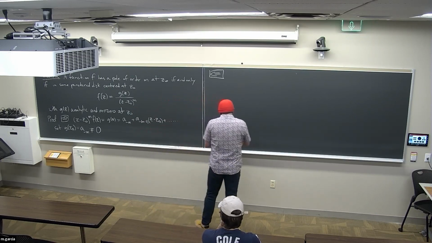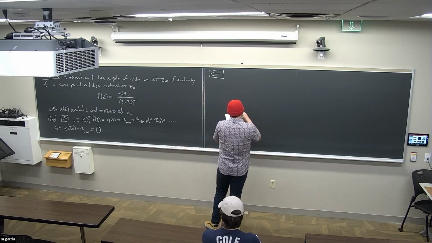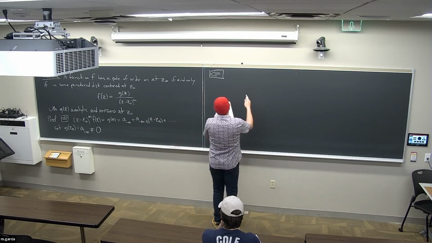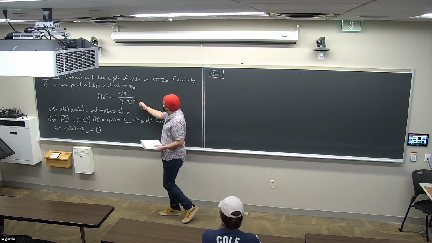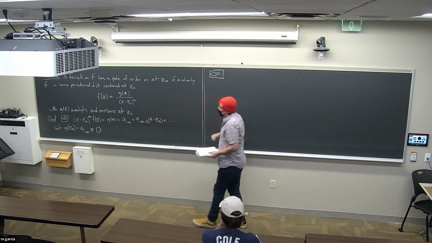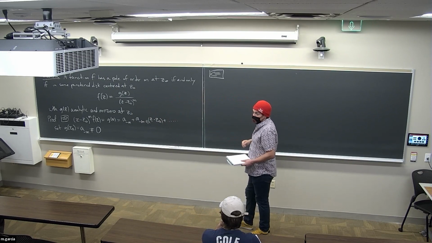Now let's assume that f of z has this representation where g of z is analytic and non-zero at z naught.